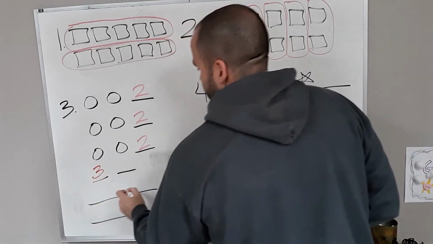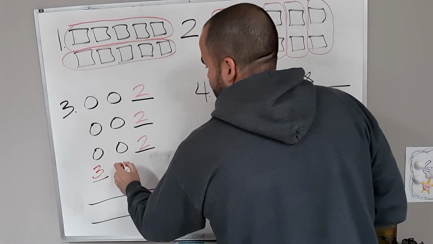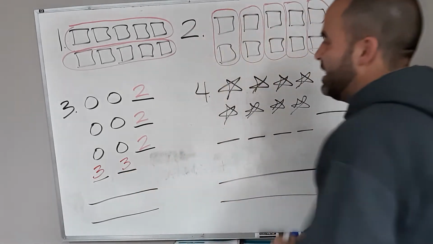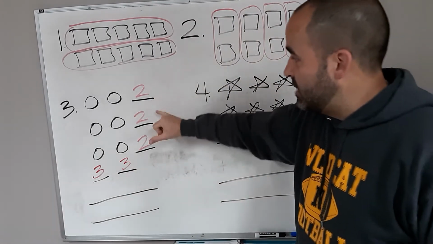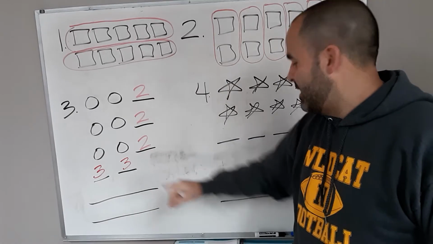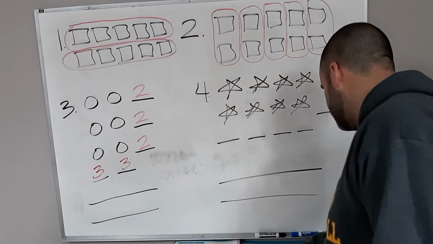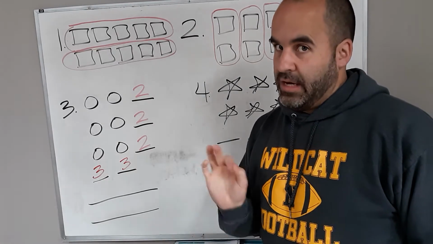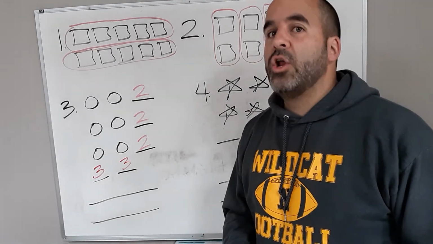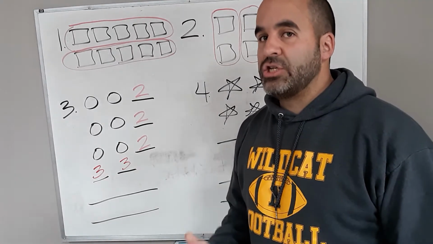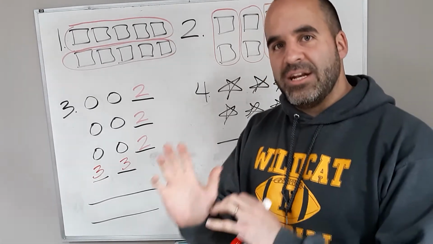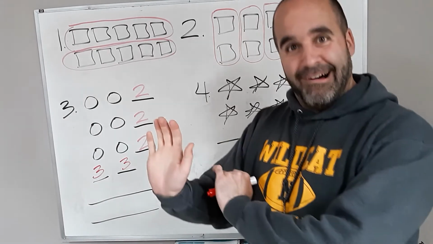So we have 3. Good, this one works. And this column, we also have 3. So now that we know this, that we have 2 in each row and 3 in each column, the bottom line, it says what you're going to do is you're going to write 2 equations for each array. Now, here are the equations that we're going to do. We're going to do repeated addition equations. Wow, those are some big words. Repeated addition equations.